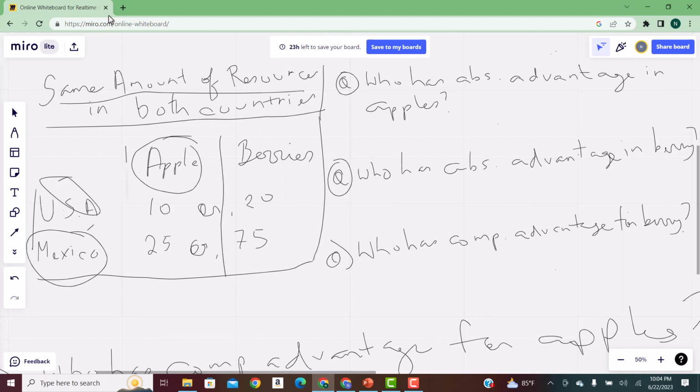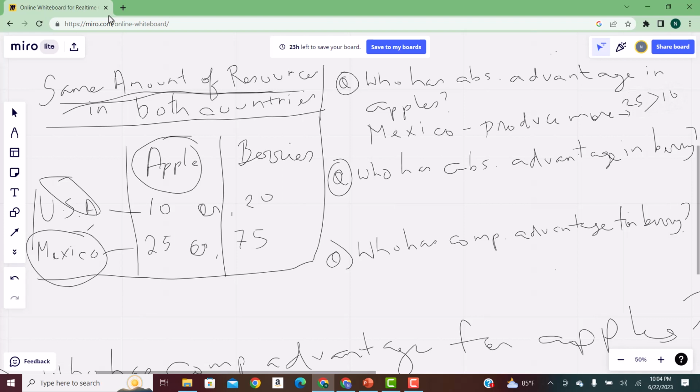With the same amount of resources, USA can produce 10 apples, whereas Mexico can produce 25 apples. So definitely Mexico has absolute advantage in apples because they can produce more with the same amount of resources. 25 is greater than 10.